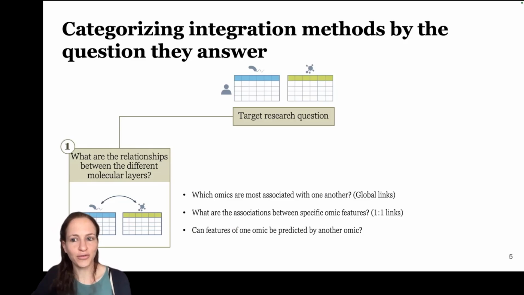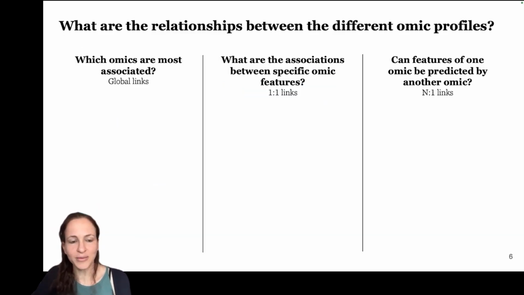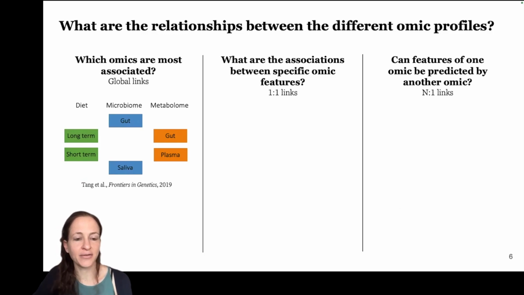I'll show a few specific examples for microbiome studies. So, for example, this is a study of healthy adults from a few years ago, and they obtained profiles of the microbiome from the gut and from saliva. They also had metabolome profiles from both gut and plasma, and they also had short-term and long-term diet profiles.